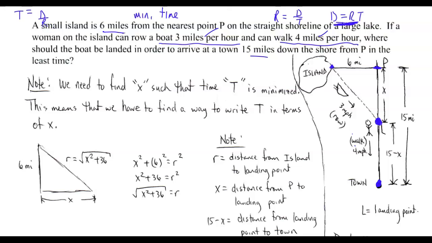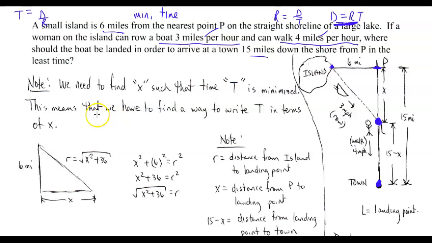So if we have a way to characterize distance and rate all in terms of one variable, then we can come up with an equation for time and minimize it by taking the derivative, setting it equal to 0, figuring out the critical value, and confirming that it is at a local minimum. So that's our plan here.